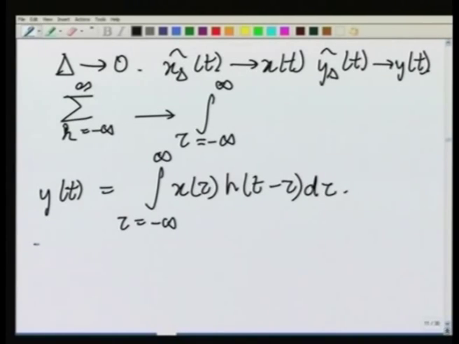This then is the exact expression for the output when the input is applied and we use the impulse response, the exact impulse response h t minus tau. This is the shifted version, the actual thing is h t, it has been shifted to h t minus tau.